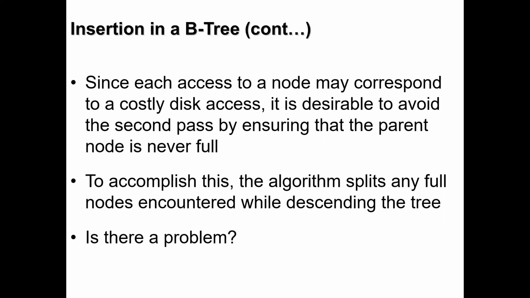This requires two passes, but avoids unnecessary splits. The approach with one pass avoids the second pass in a B tree, but may result in unnecessary splits.